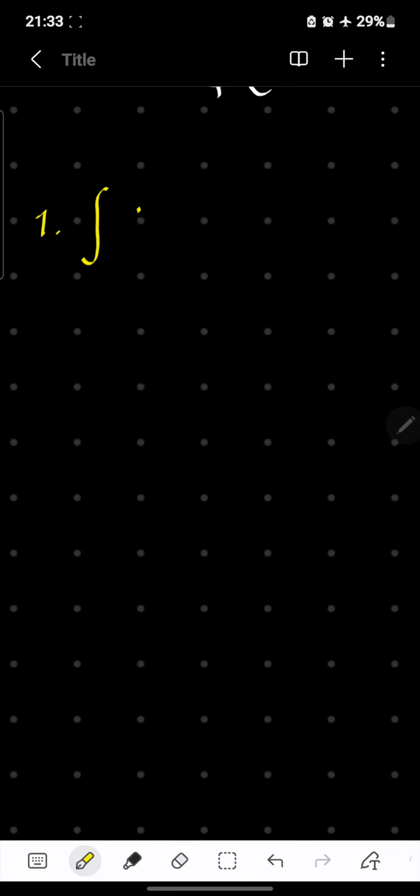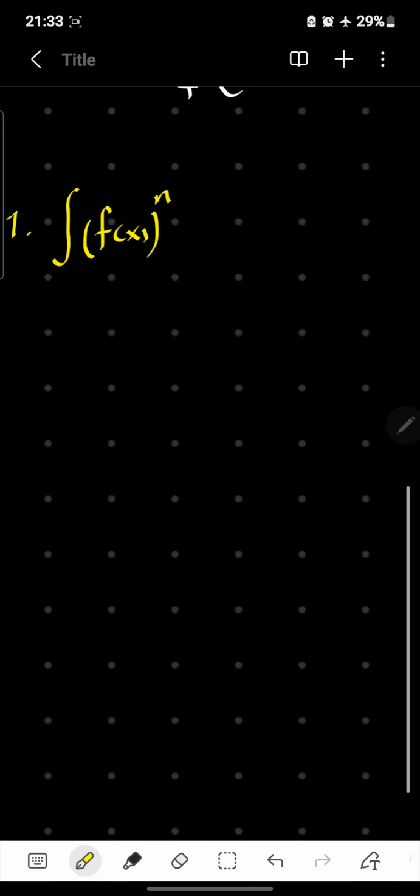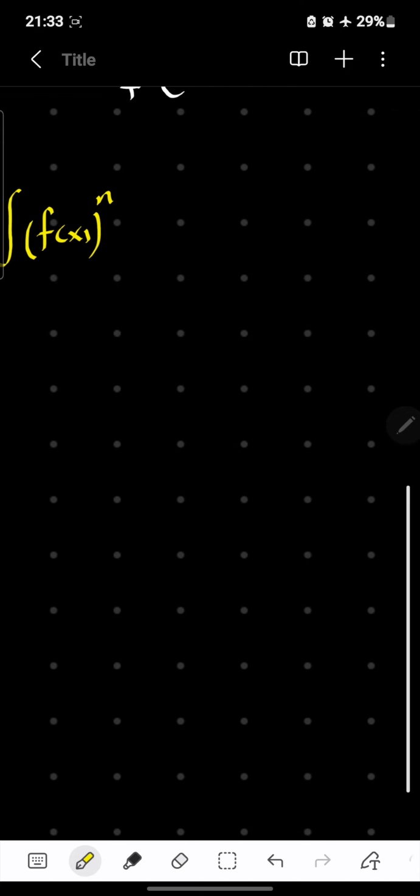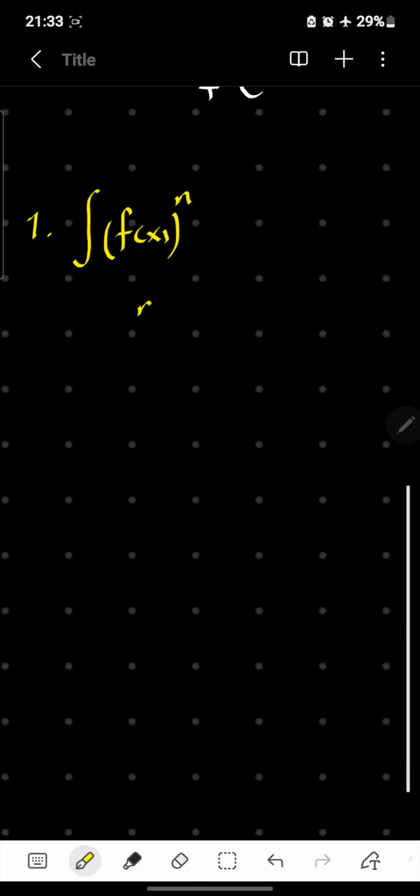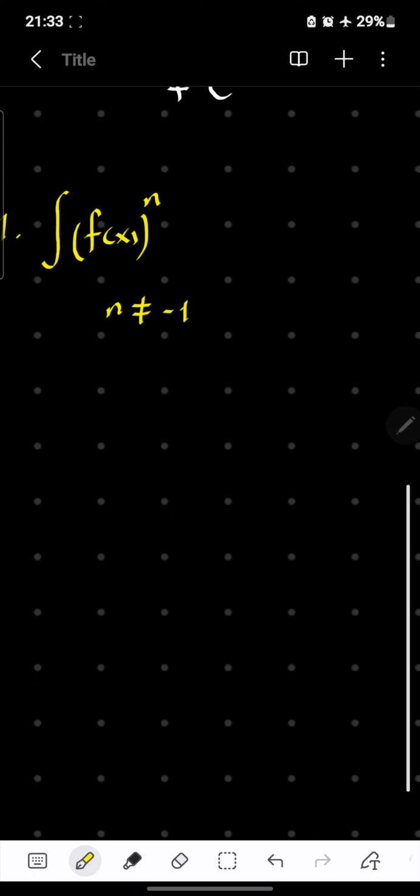If we have a function f of x that is a power function with power n, where n does not equal -1, we cannot apply this rule when n equals -1. And we have the variable of integration, which is x.